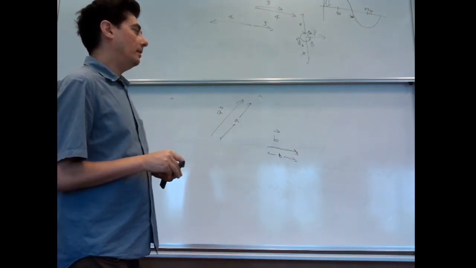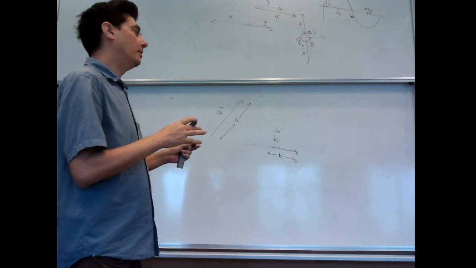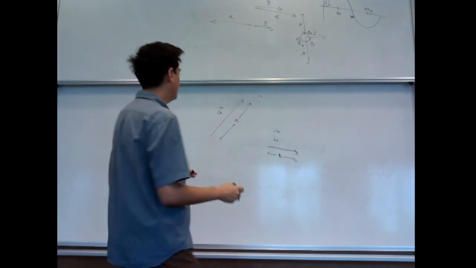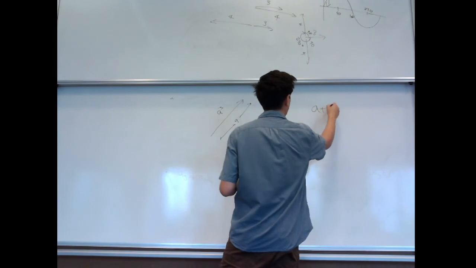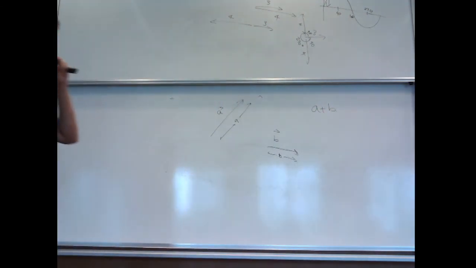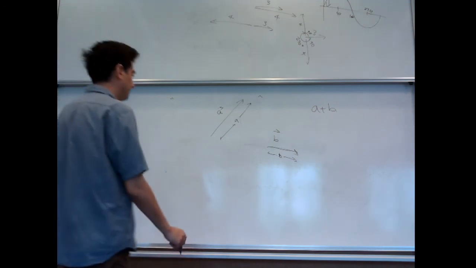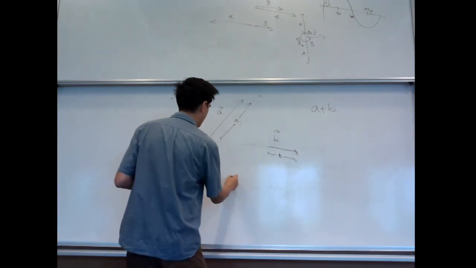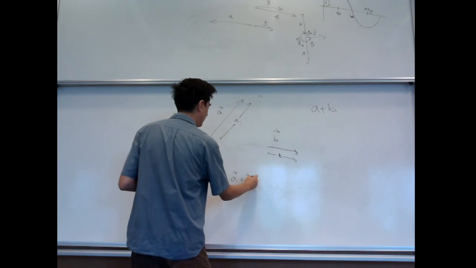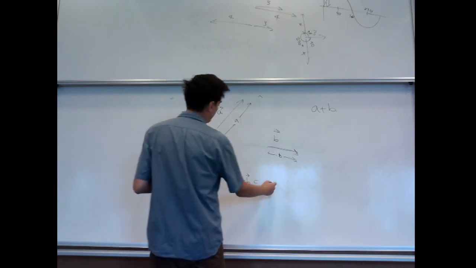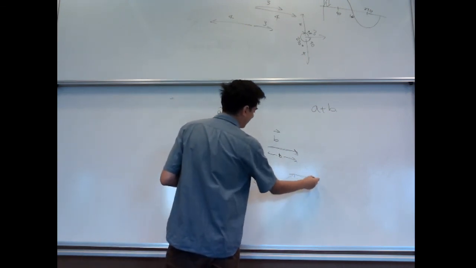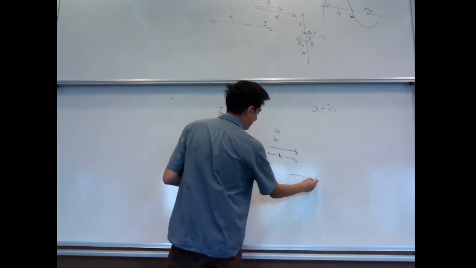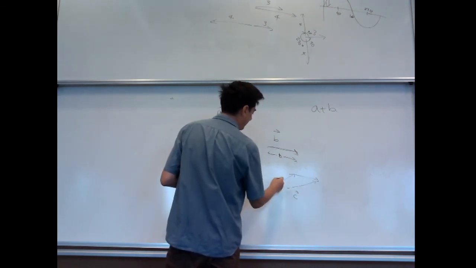So the sum of the magnitudes, that means A plus B. And the magnitude of the sum of the two vectors, in other words, A vector plus B vector, is going to be some vector which looks like this, right? So here's the resultant vector, C.